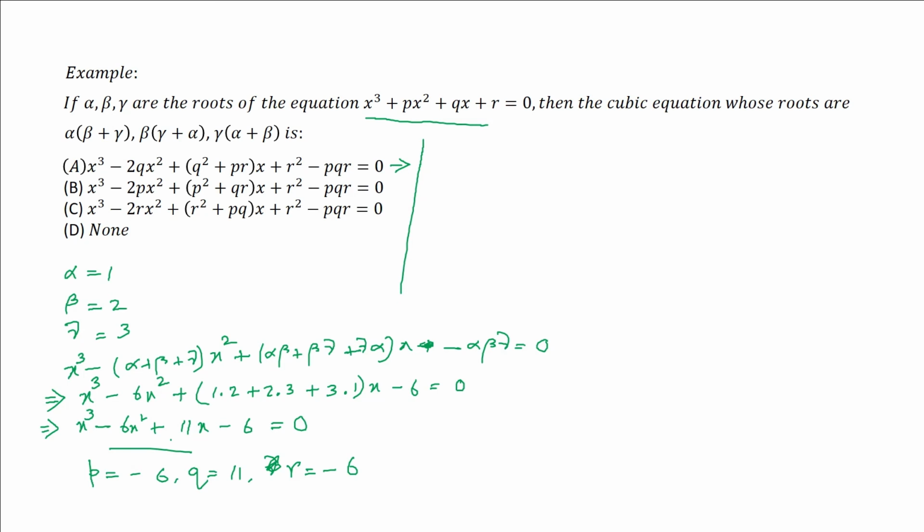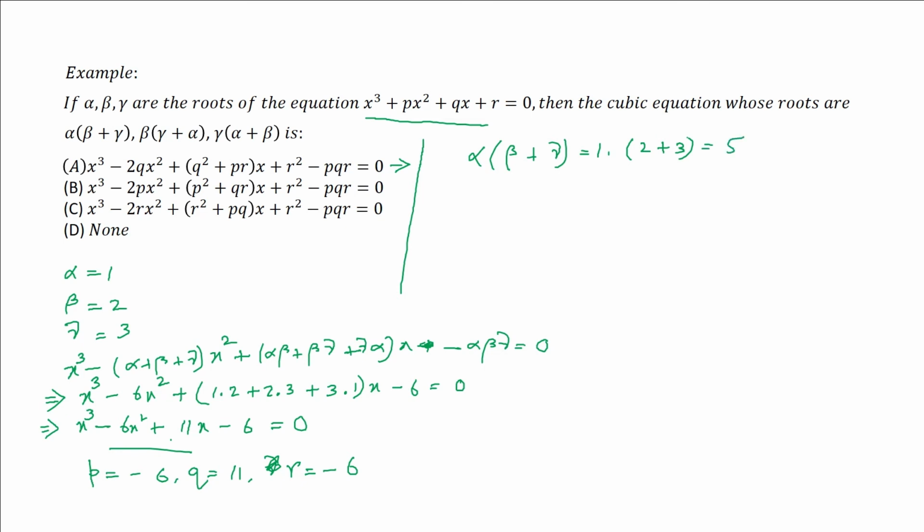Now we have to find the cubic equation whose roots are alpha into (beta plus gamma), beta into (gamma plus alpha) and gamma into (alpha plus beta). So what is the value of alpha into (beta plus gamma)? Equal to 1 into (2 plus 3), that is 5.